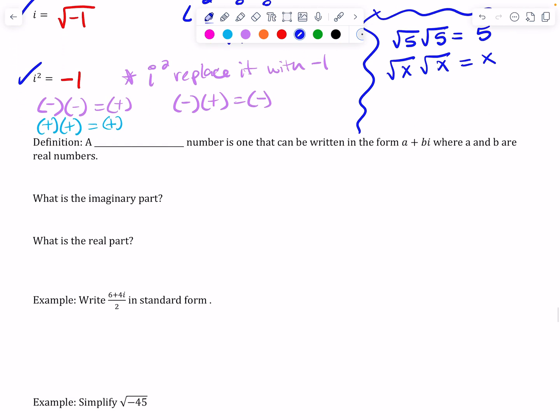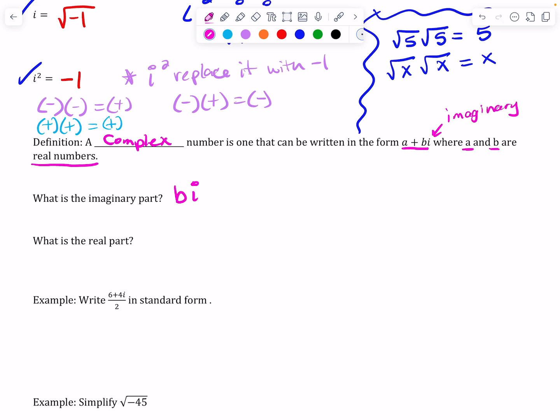So our first definition is that a complex number is one that can be written in the form a plus bi, where a and b are real numbers. So the imaginary part is going to be the part that has the I, because anytime we see I, we should be thinking imaginary.